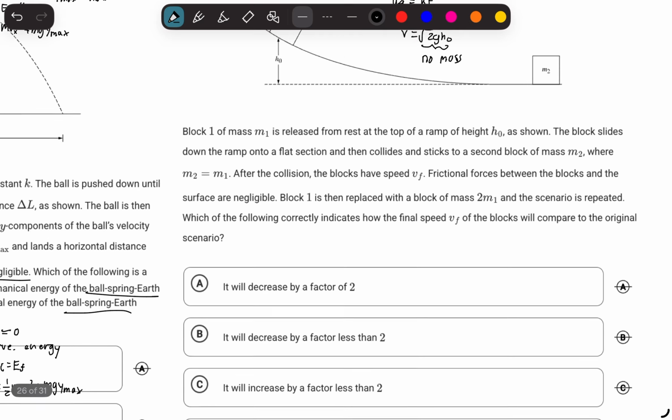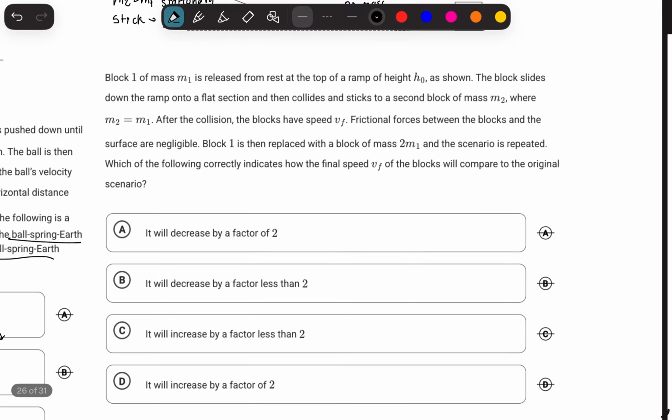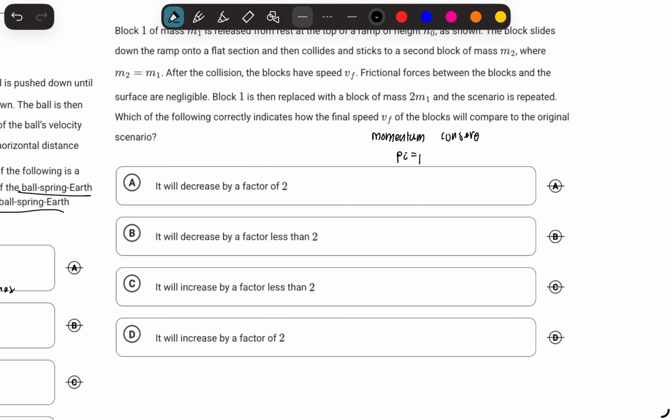So in the first scenario, scenario 1, you have M1 moving and M2, which is equal to M1, stationary. If they stick, we know that sticking means you have a perfectly inelastic collision. So now you can use momentum conservation. You're going to have your initial momentum and your final momentum. P initial is equal to PF.